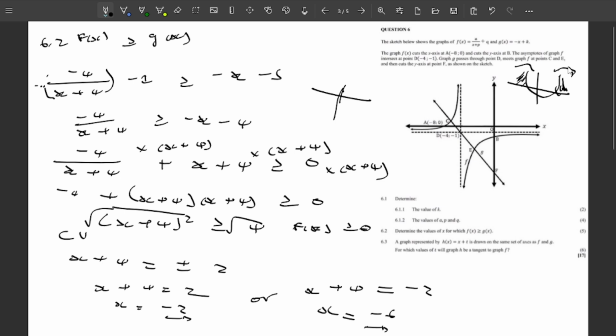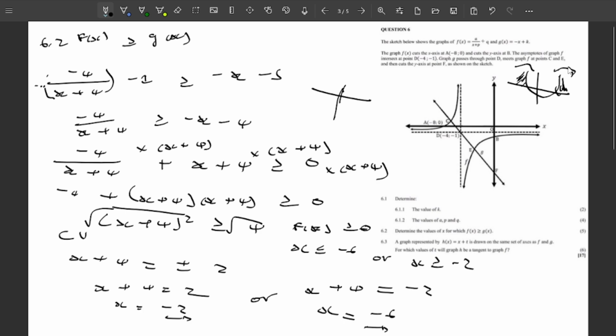That's the one that's going to be our answer. So you're going to say x is less than minus 6, or x is greater or equal to minus 2, and then you should be done.